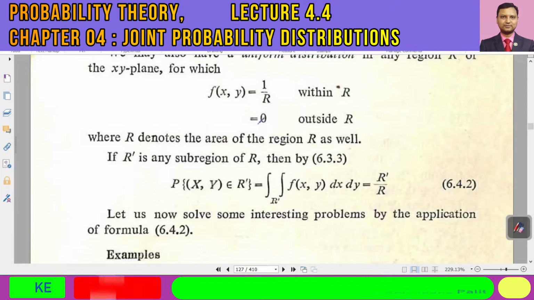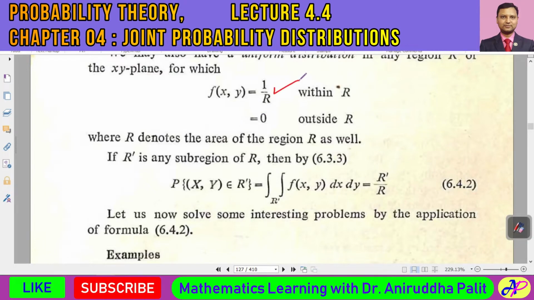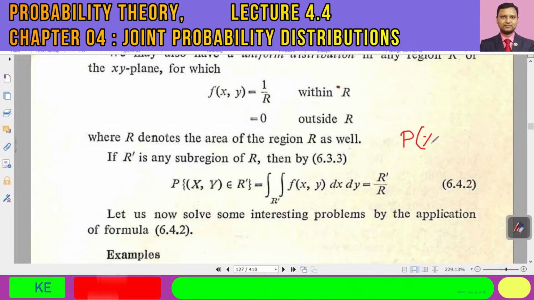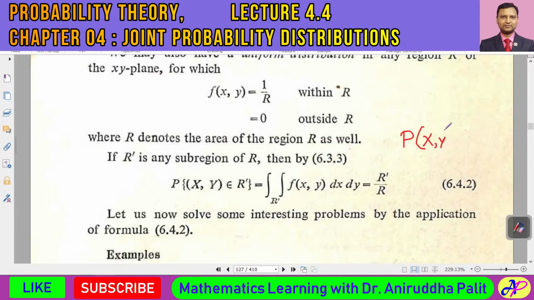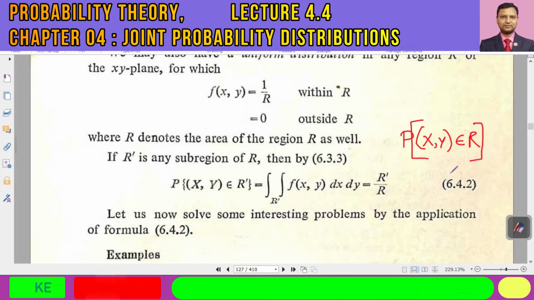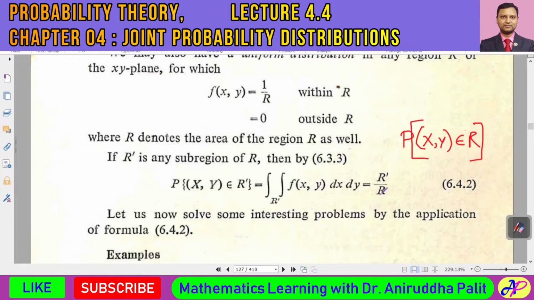And on this kind of arbitrary region R, what would be the probability that capital X comma capital Y belongs to this region R? What would be the probability of this event? We can also consider R prime.